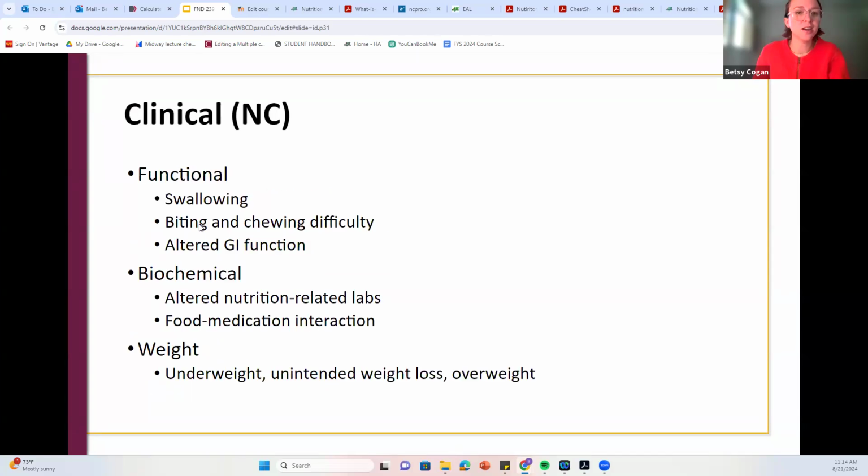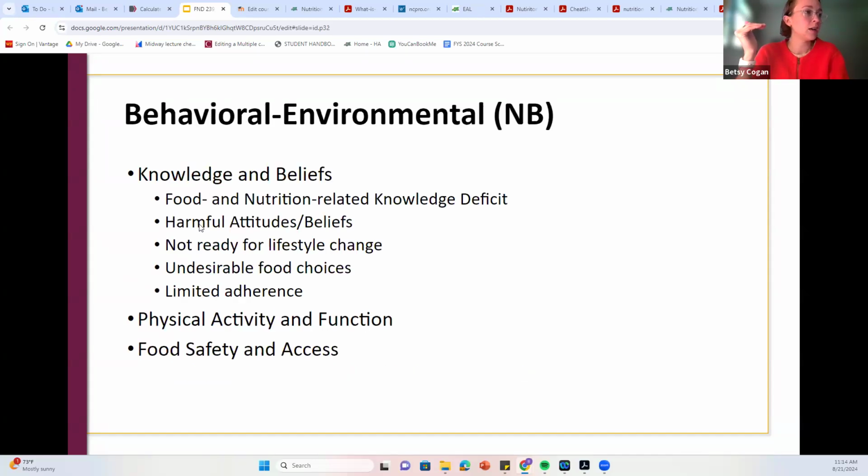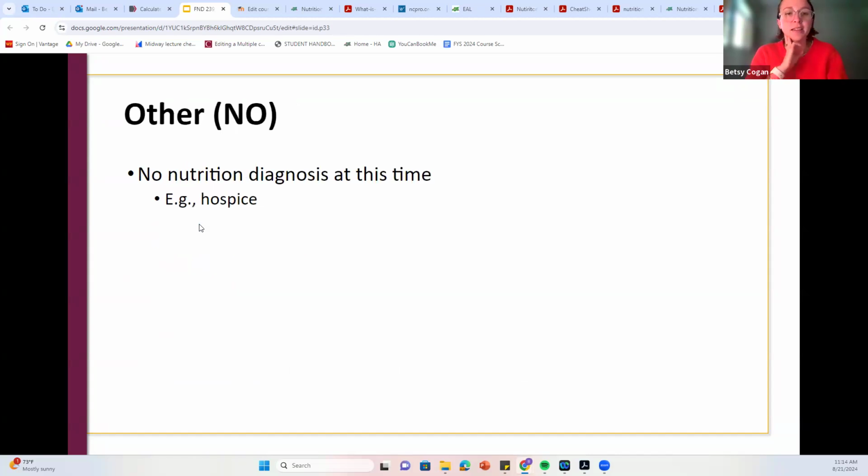With our clinical data, we also are looking at functional things that might be happening that impact nutrition, biochemical data, and weight. With the behavioral environmental, right, a lot of this is knowledge deficits or beliefs, but could also be related to access or safety. And then again, the last category is that there's no nutrition diagnosis at this time.